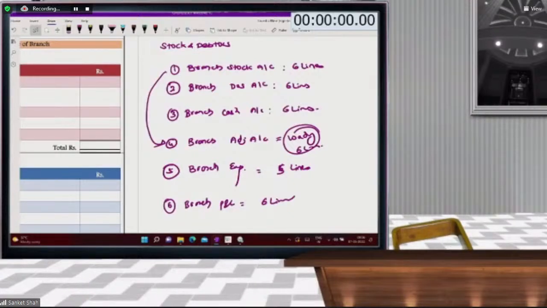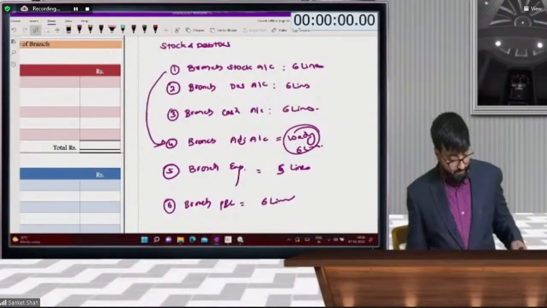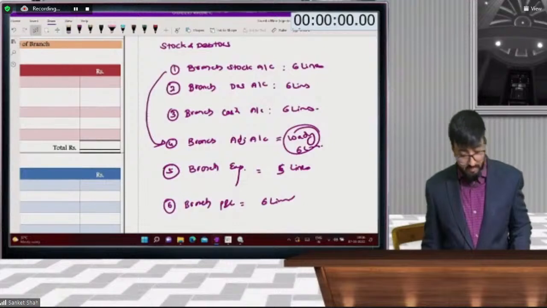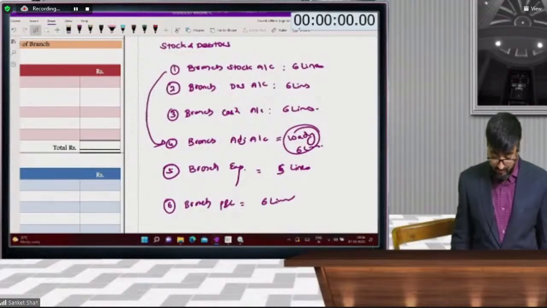Stock and debtors method. Have patience till the last minute. If you can't study for 2.5 hours, beta, it's a very difficult affair. So till the last minute, I want everyone to be present in the class.